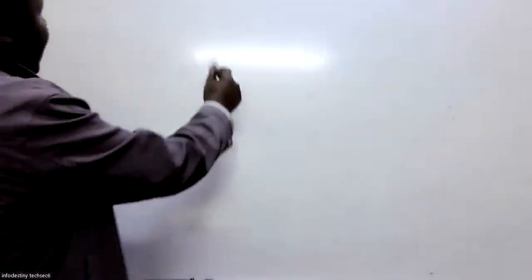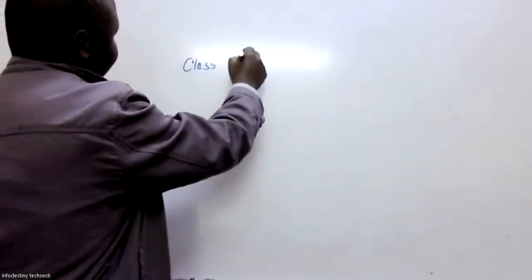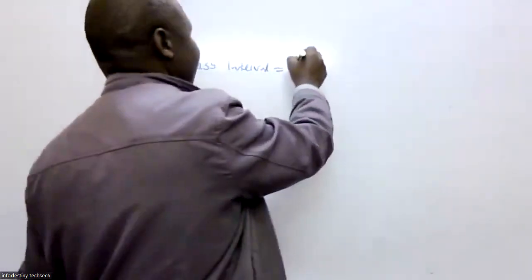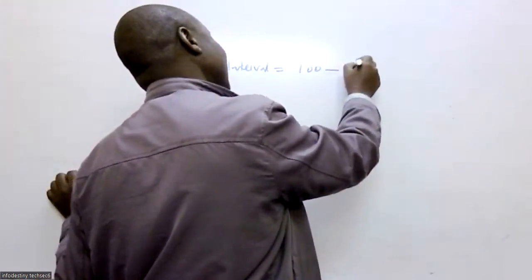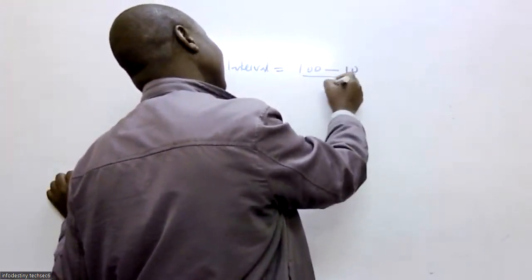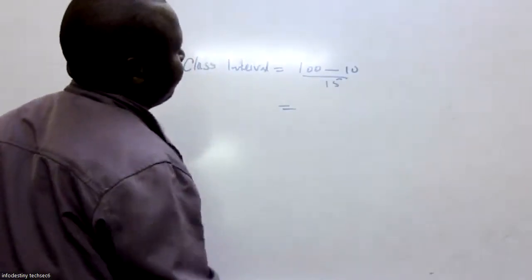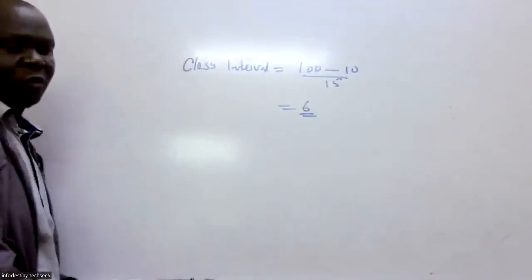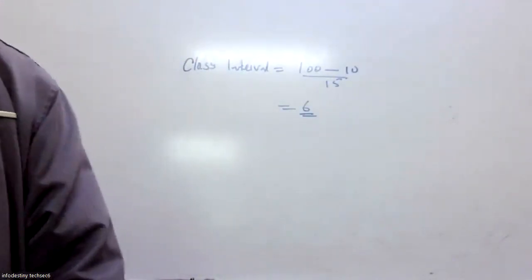The class interval will be equal to 100, which is the maximum, minus 10, divided by 15. That is going to be 6. So the class interval is going to be 6.